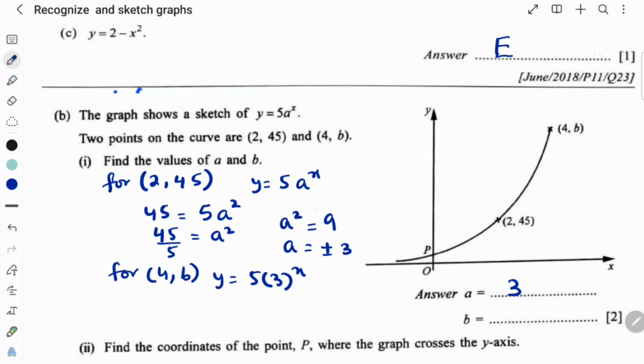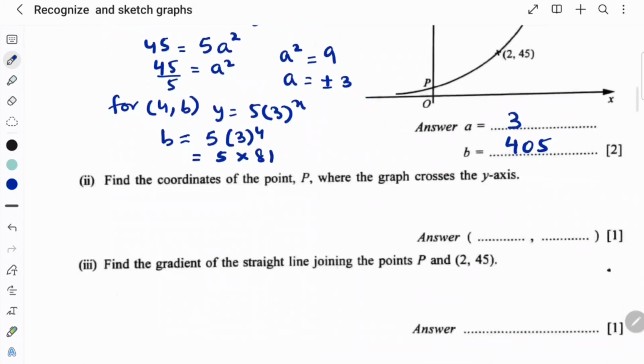We are substituting 4 and b here, so b is equals to 5 times 3 to the power 4. Okay, 3 to the power 4 is 81, and if we multiply 81 by 5, 405 will be there. Okay, 5 ones are 5, 5 eights are 40, so that is 405, the answer.